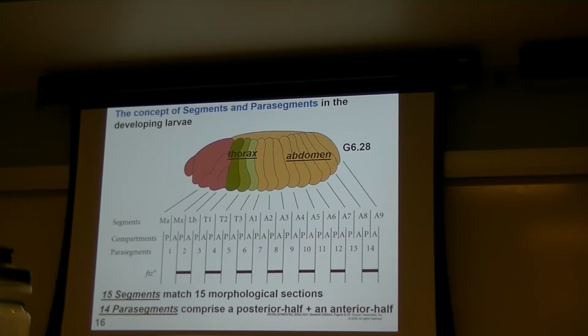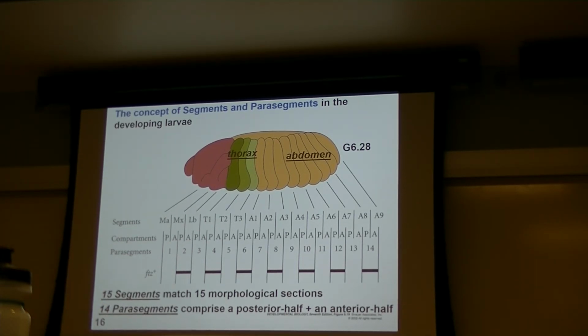So, before I tell you anything more about pair-rule genes, I wanted to take a step back and think about what's happening with the embryo at this stage as it's developing these morphologically recognizable regions. Once we get past the cellularization stage, the embryo is going to develop 15 segments.